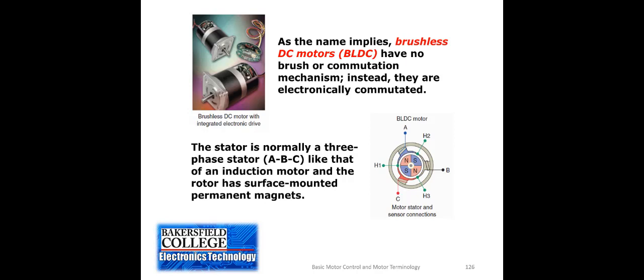It's like a regular three-phase motor, but instead of the middle part being just a cage of coils or little loops, it actually is a permanent magnet that has different polarities as you go across the surface of the magnet.